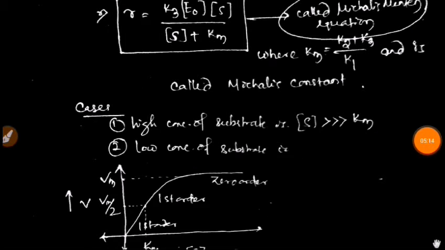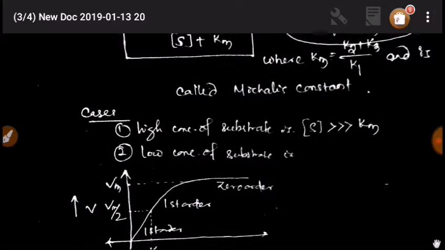The inhibitor competes with the substrate to combine with enzyme, and the degree of inhibition depends upon the relative concentration of the substrate and inhibitor.